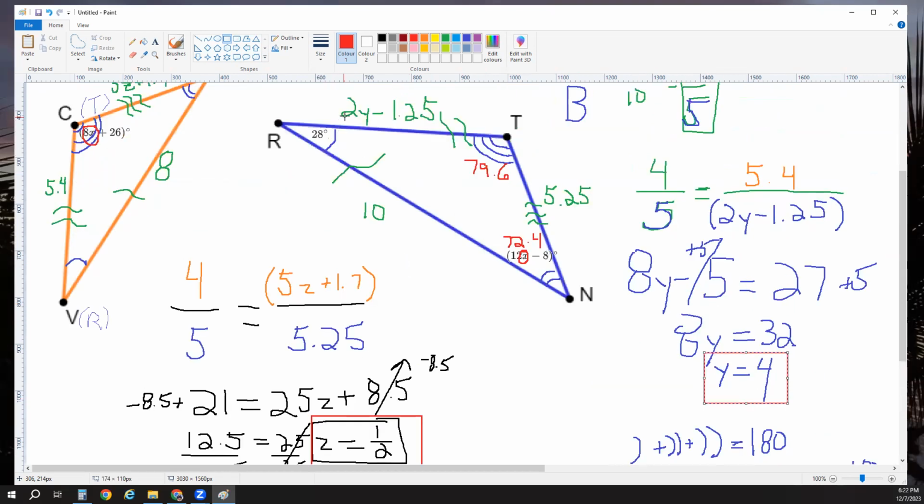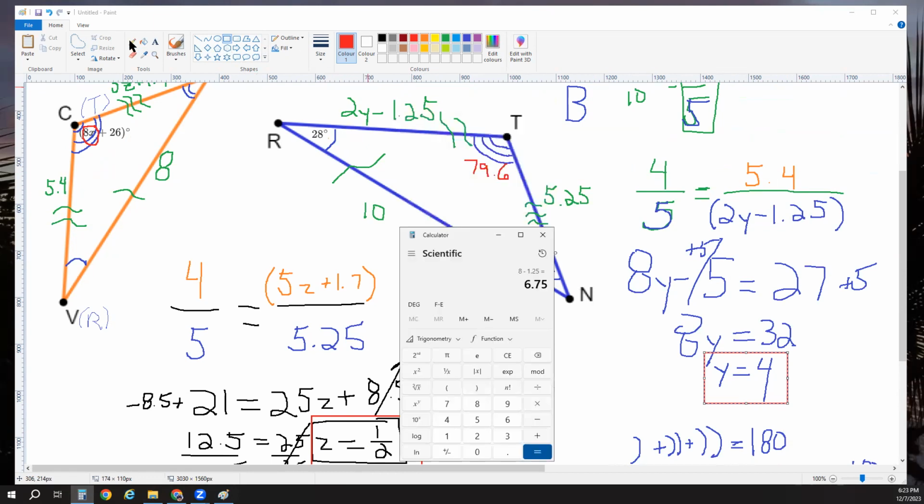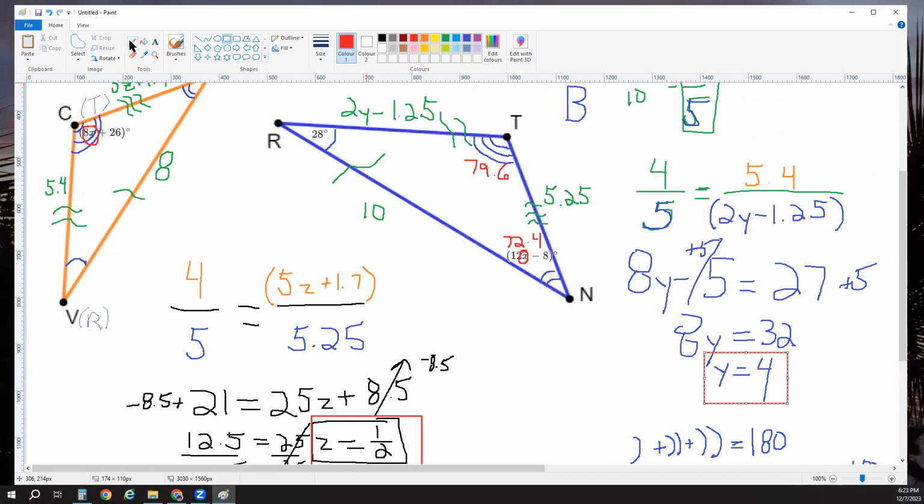2 times Y is 4, so it's 8. 8 minus 1.25 is 6.75.